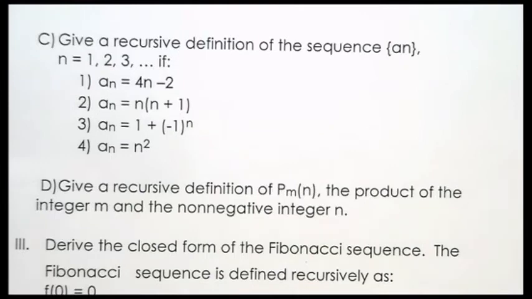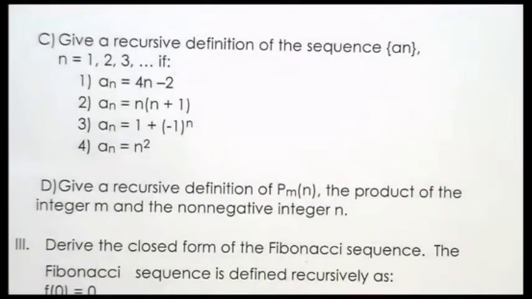I want you to write down, what's the difference between something like f of n and a sub n? Is there a difference, and what is it? So what does a sub n mean? Write it down. But a basically equivalent question is, when would I use a sub n and when would I use f of n?